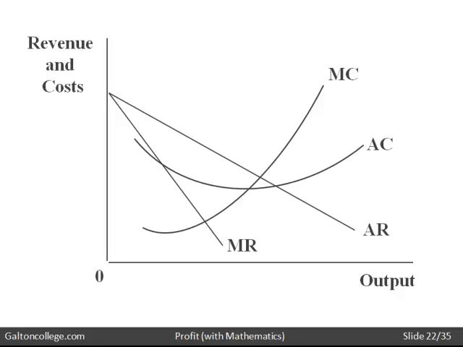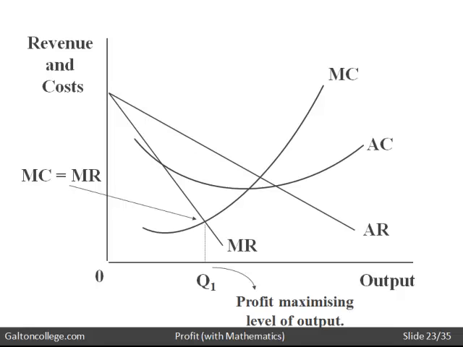And there are proofs for these which I will produce in other videos and for other modules as well. But we can see here that marginal revenue equals marginal cost at the point where output is Q1. That's the profit maximizing level of output. So we now know that marginal revenue equals marginal cost for profit maximization.